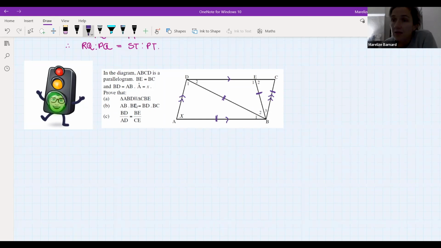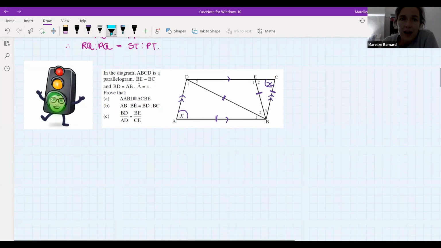So your sides are good, but sides are not as important as angles. The opposite angles of a parallelogram are equal. So we can already say that this is x and that's going to be x.